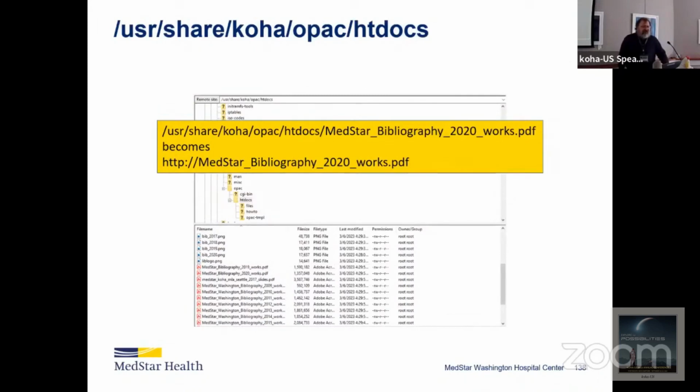But if you put something in /usr/share/koha/opac/htdocs, it shows up as, it should have been, MedStarAuthors.org/MedStar_bibliography2020works.pdf. Forgot it.